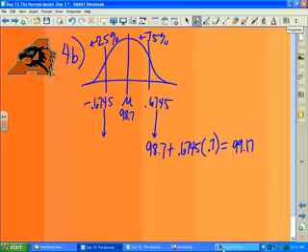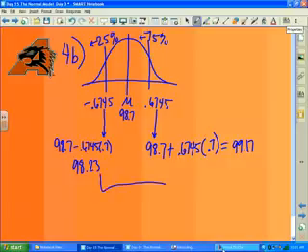Okay. Whereas over here, I have 98.7 minus 0.6745 standard deviations. And so what is that temperature? I got that the temperature is 98.23.